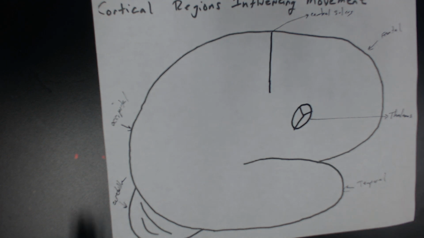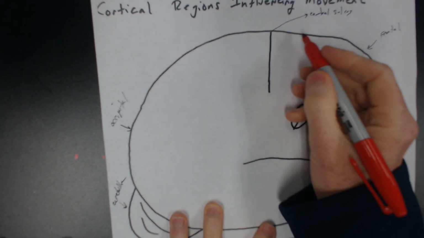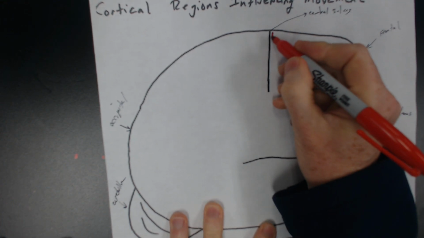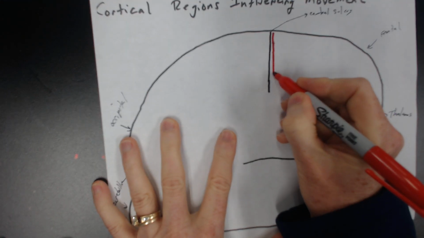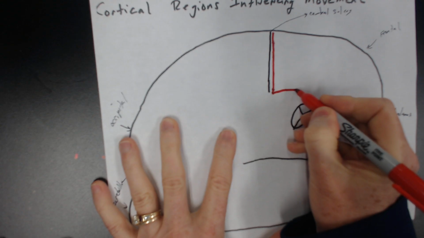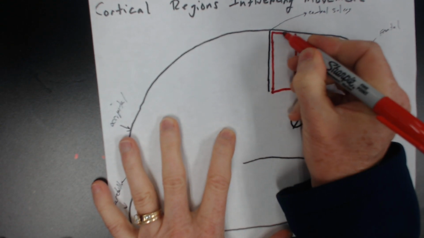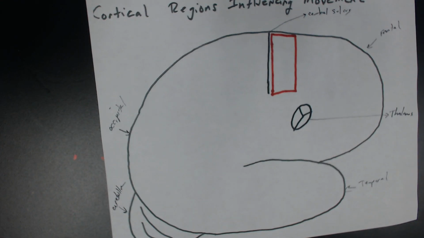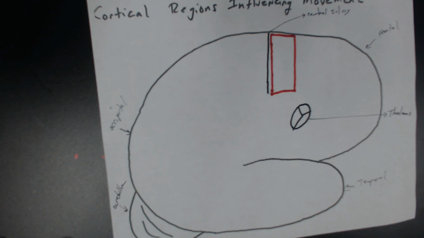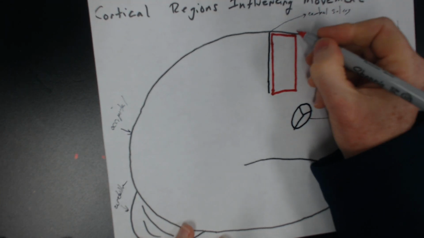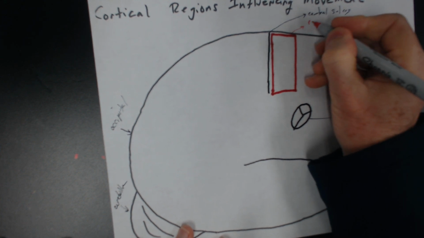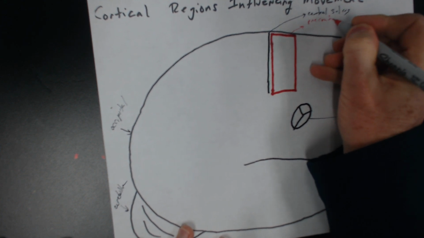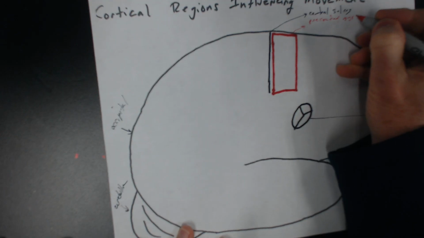Okay, regions involved in movement. We know that there's going to be an important one here in the frontal lobe. This one, and it's just in front of the central sulcus. Does anybody remember what we called that previously? Yeah, that's okay. A couple of names, as we talked about: the precentral gyrus.